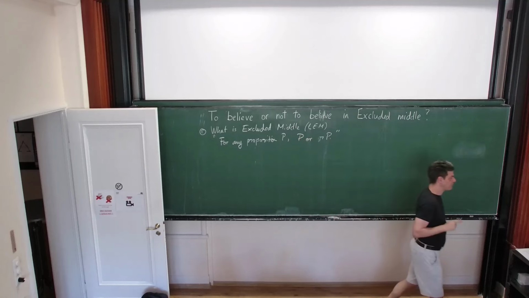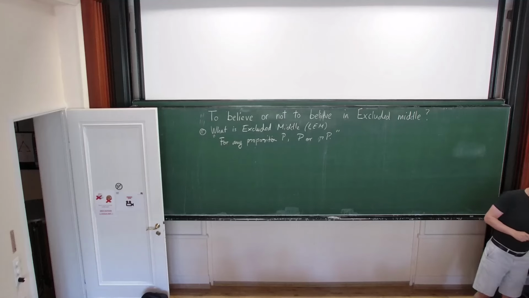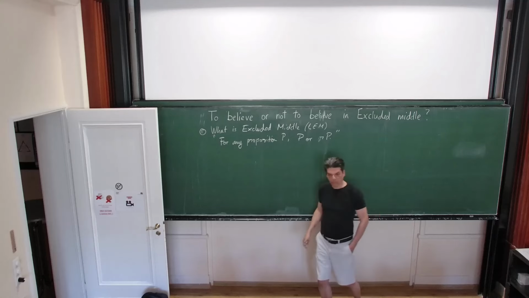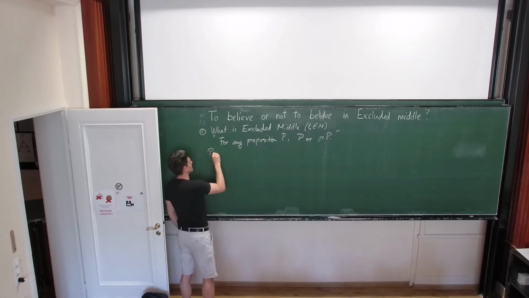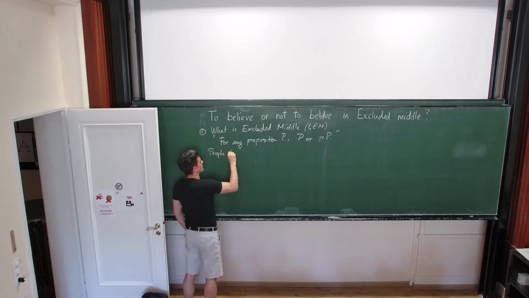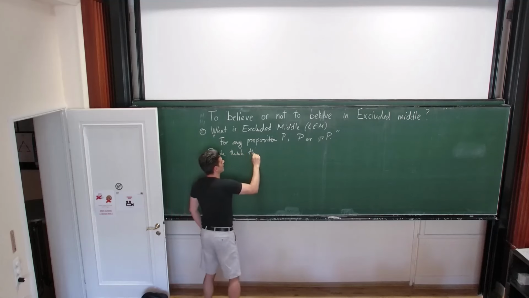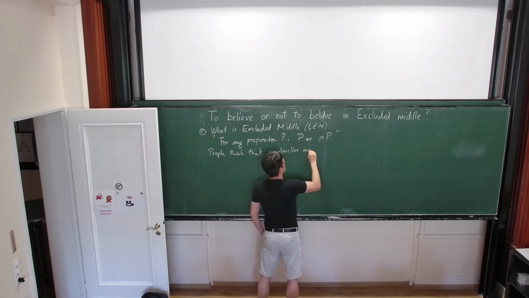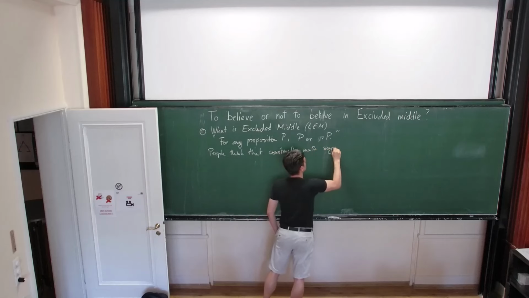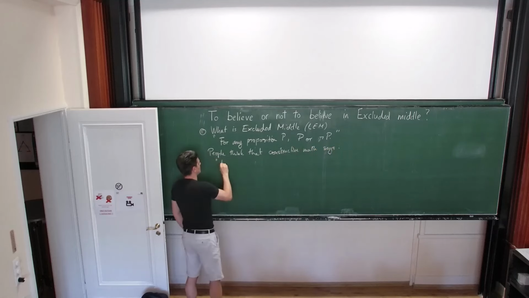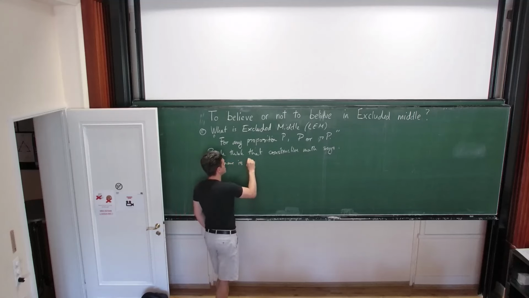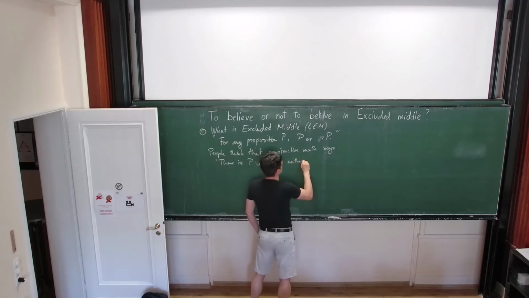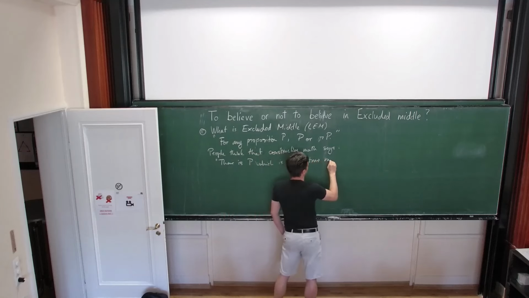Here is the first point of misunderstanding. When somebody says you do it without this law, people think that constructive math says there is a P which is neither true nor false.